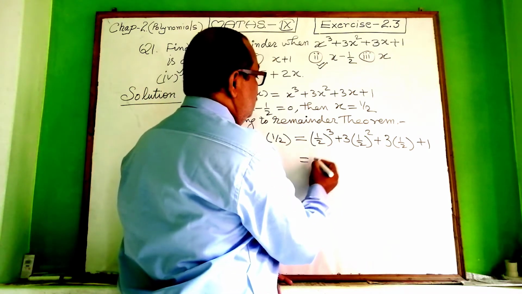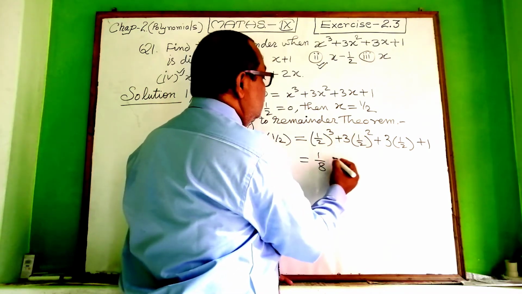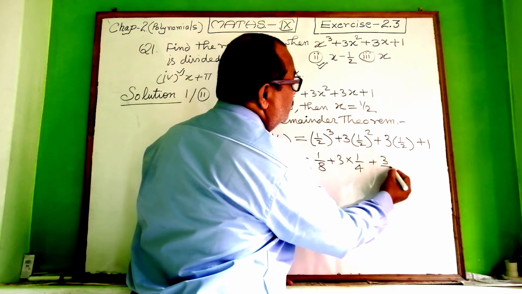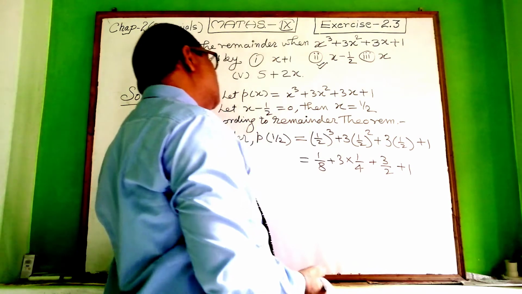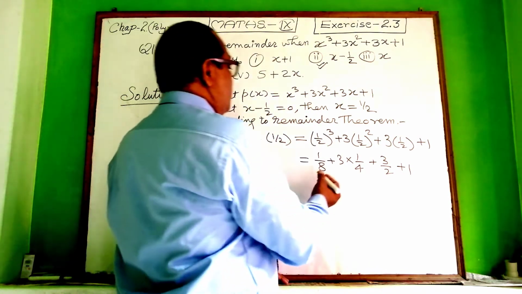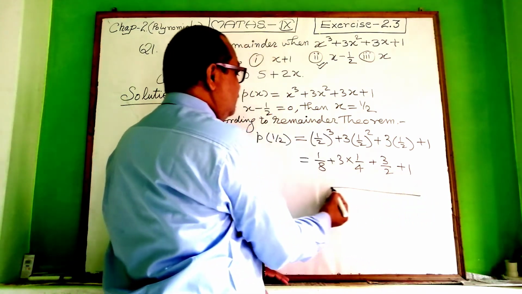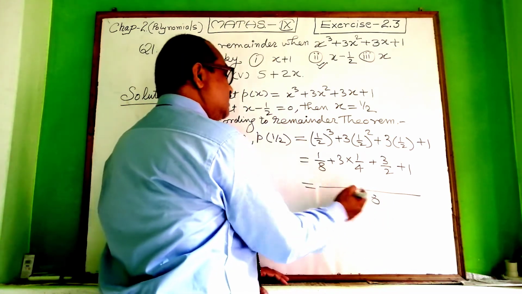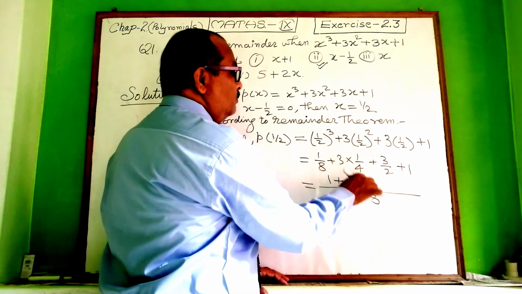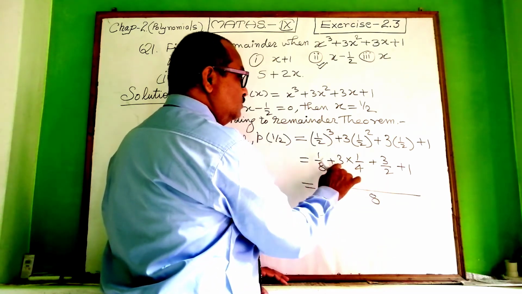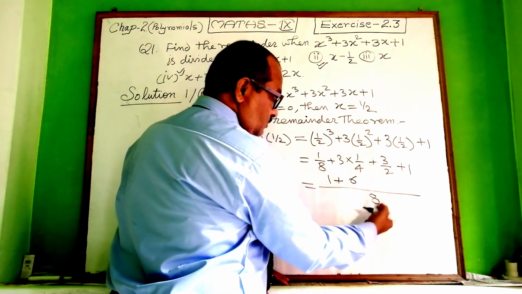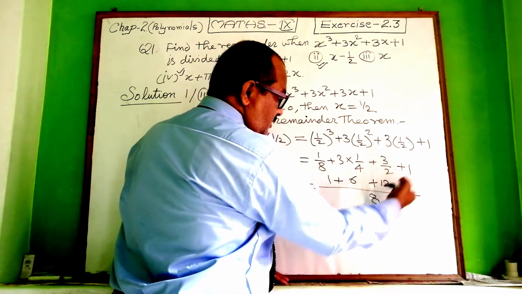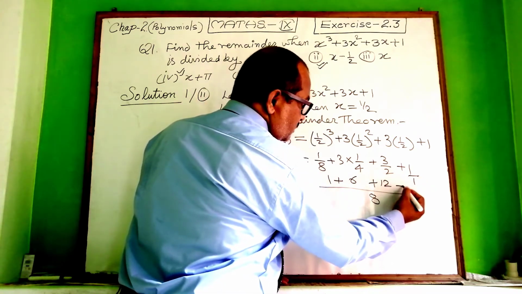So see, its value will be 1 upon 8, then 3 into 1 upon 4, plus 3 upon 2, plus 1. Now we can take the LCM from first to last term. LCM will be 8. 8 ones are 8, so here 1. 4 twos are 8, 2 twos 3 are 6. 2 fours are 4, 3 fours are 12. 1 upon 1, so here 8.